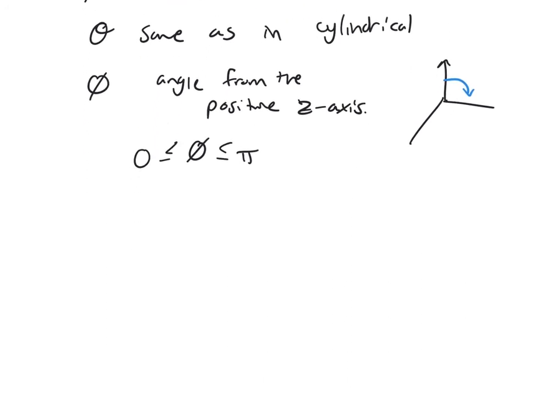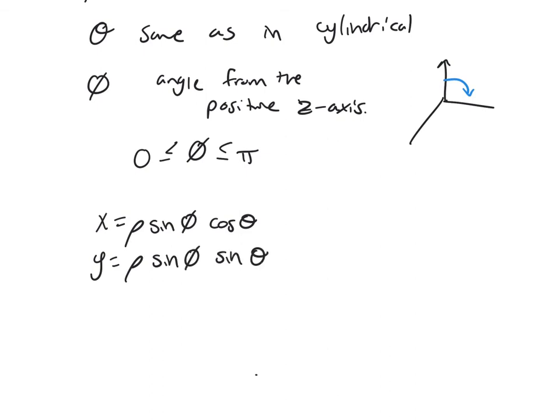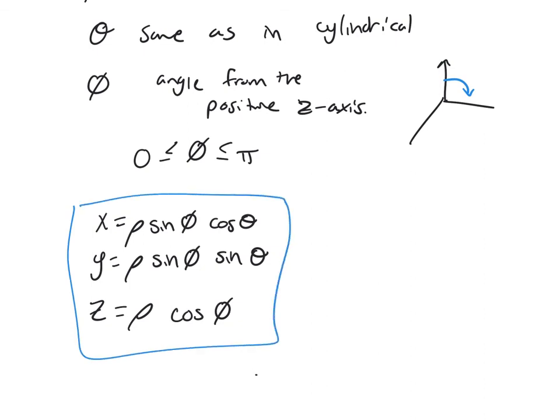All right, so how did we convert between spherical to rectangular? We had conversion equations. X is rho sine phi cosine theta. Y was rho sine phi sine theta. And z was rho cosine phi. So those were our first set of conversion equations.